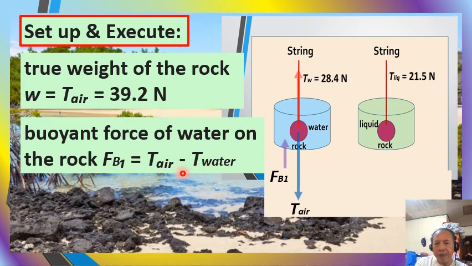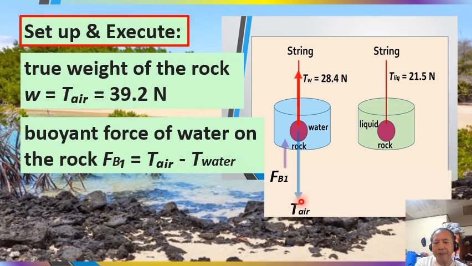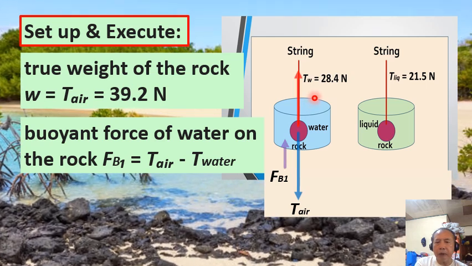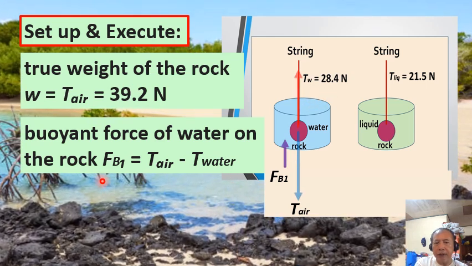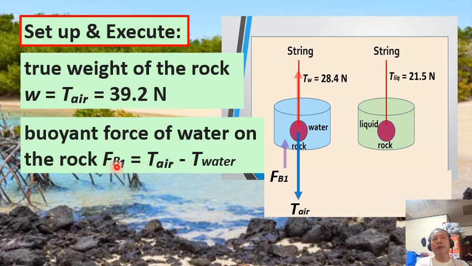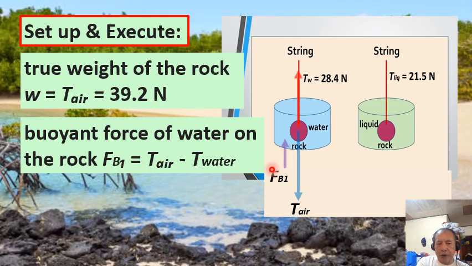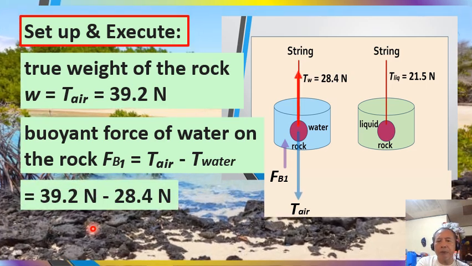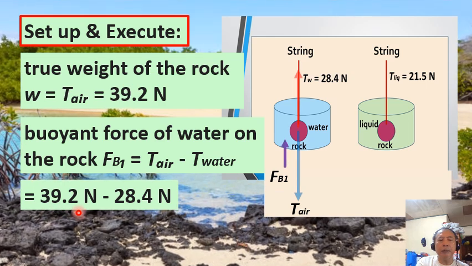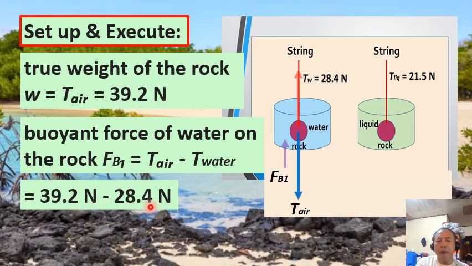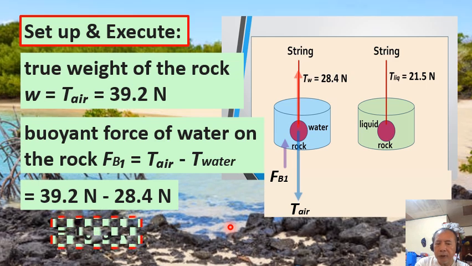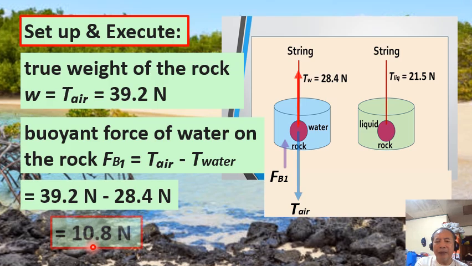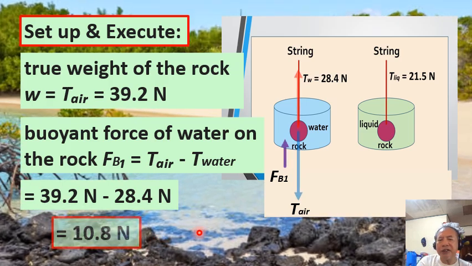In other words, the difference between the actual weight of the rock and the apparent weight of the rock when it is submerged in water gives us the value of the buoyant force exerted by water. So when we substitute, we get the buoyant force of water on the rock equal to 39.2 newtons minus 28.4 newtons. That is, the buoyant force of water on the rock has a magnitude of 10.8 newtons and is exerted upward.